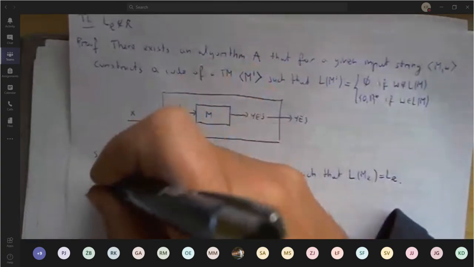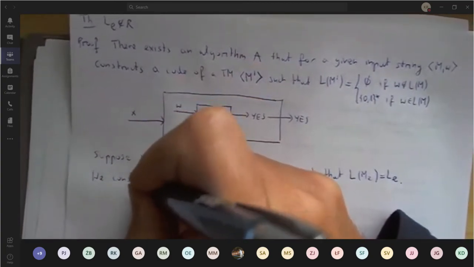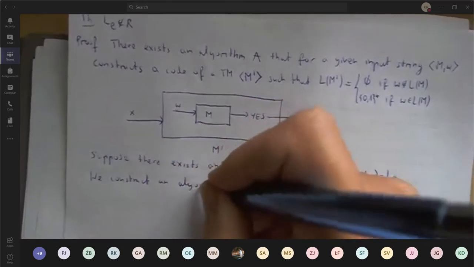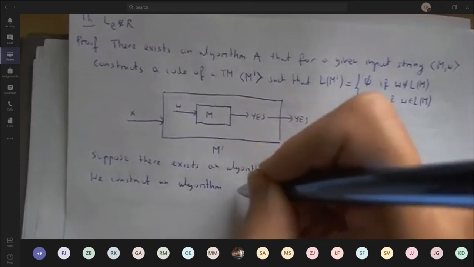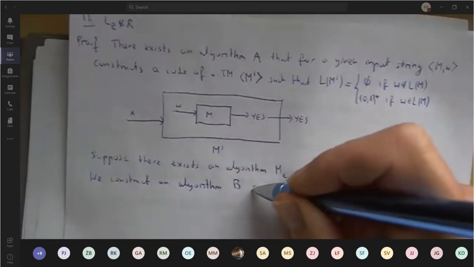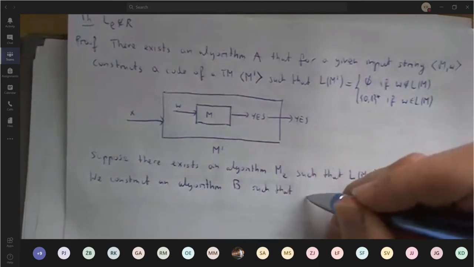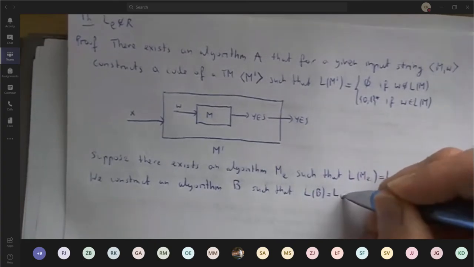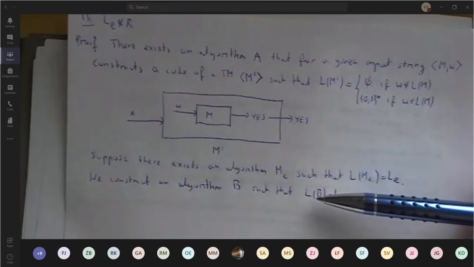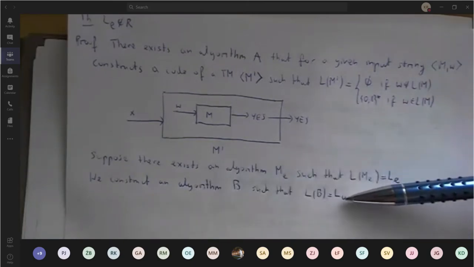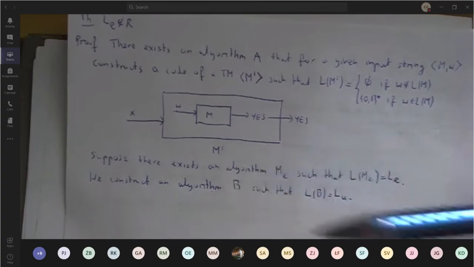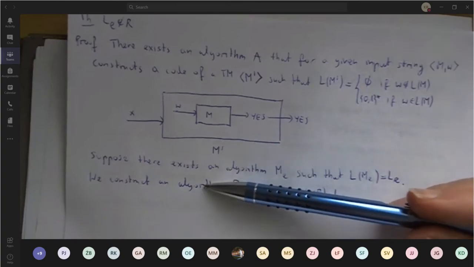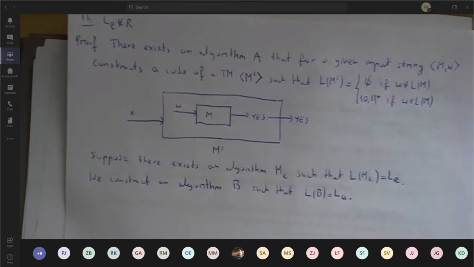Then we will construct an algorithm B such that B accepts the universal language. This will be a contradiction because we know that the universal language is not recursive. So there exists no algorithm, no Turing machine with stop property accepting it.